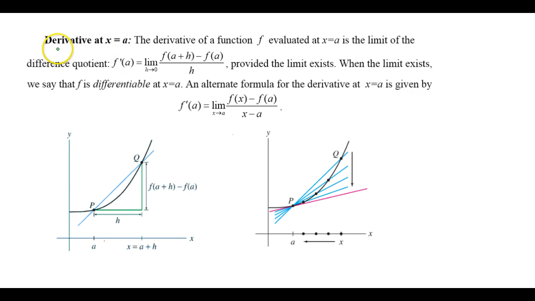So now we've reached the point where we can finally formally define a derivative at a particular point x equals a. The derivative of a function f evaluated at x equals a is the limit of the difference quotient. So the notation here is f prime of a. This is some new notation: f prime means derivative.